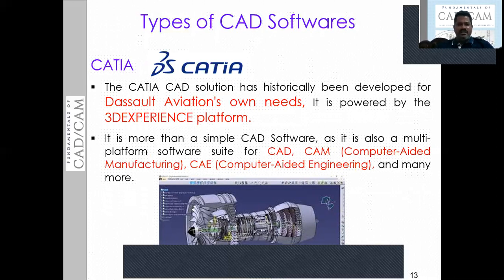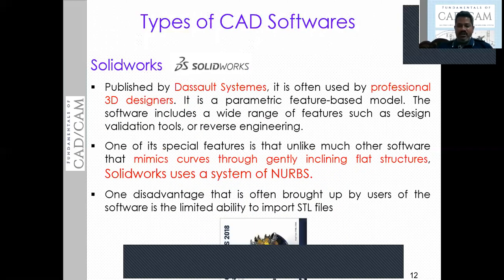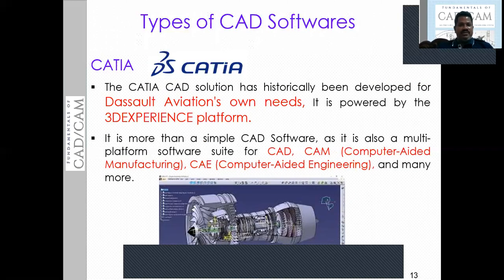That means the visualization and the alteration are very flexible in CATIA software when you compare with SolidWorks. The owners of CATIA as well as SolidWorks are the same, but the experience when you work in these two is different. CATIA has very much flexibility while creating advanced surfaces.